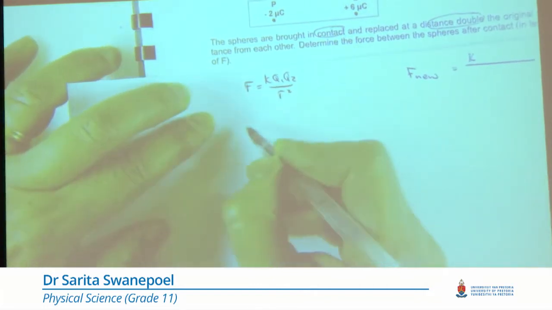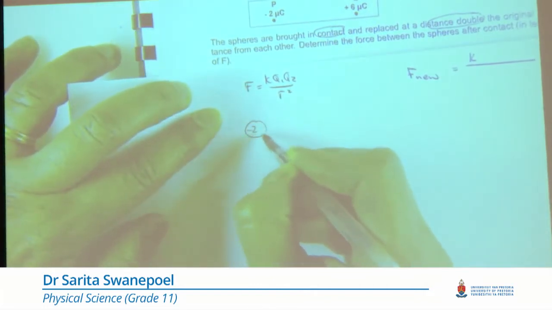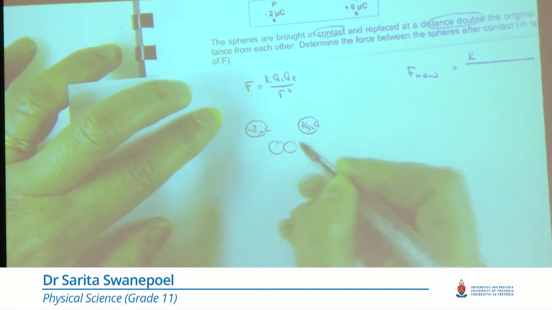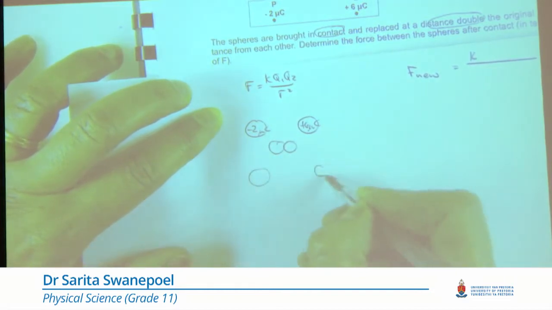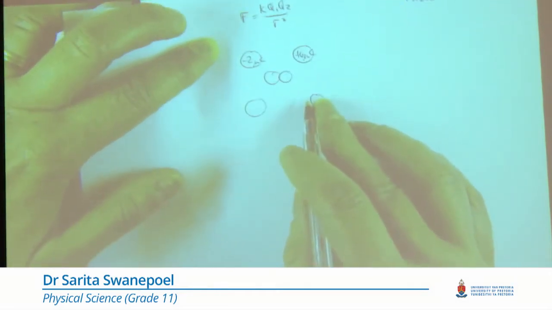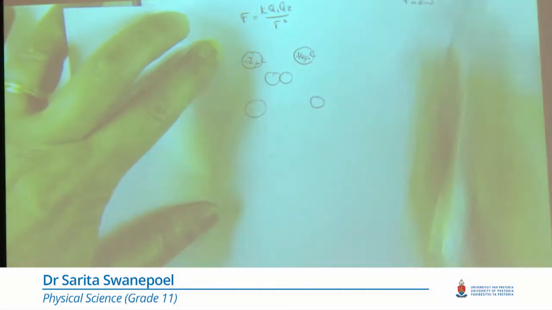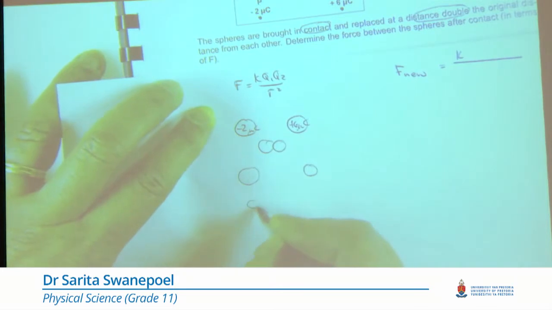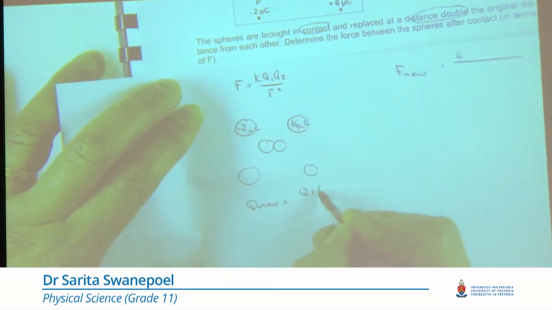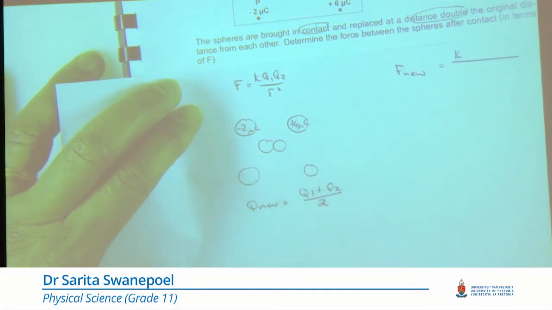So let's start off. This one was -2 microcoulomb, and this one was +6 microcoulomb. Allowed to touch, and then once again removed from each other. How do I get the new charge here? I'm going to add them together. So Q new should be (Q1 plus Q2) over 2.